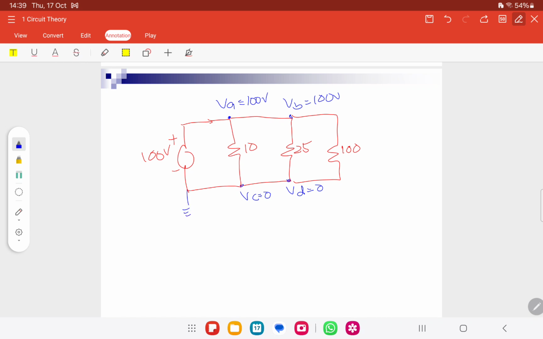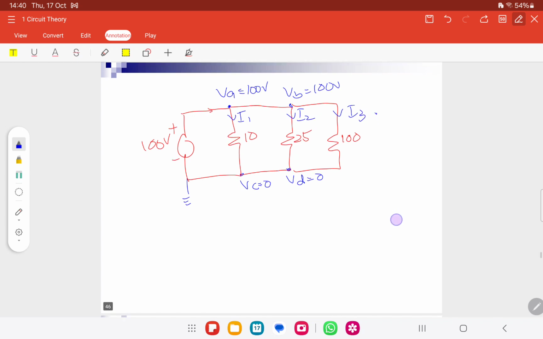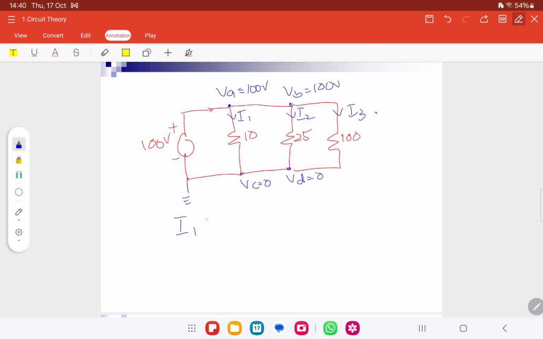Okay. Alright. So tadi kat sini I1. This is I2. This is I3. Okay. So if we want to measure for I1, sekarang tak ada total ni. Sekarang cara lain pula.